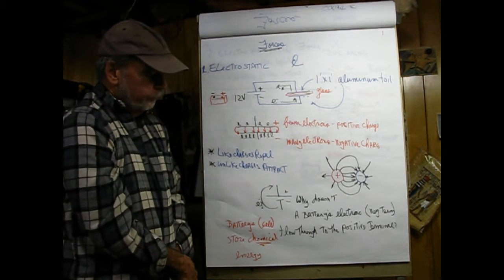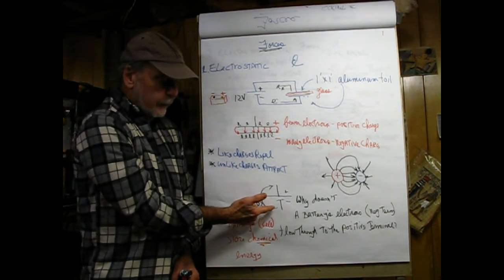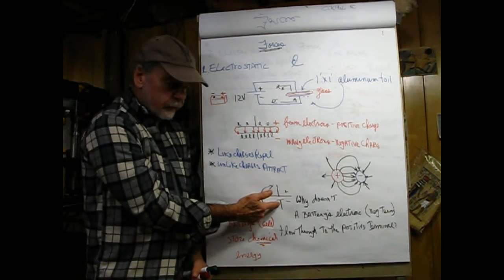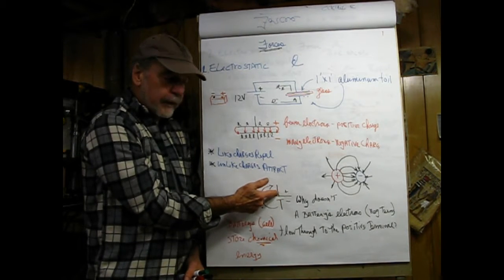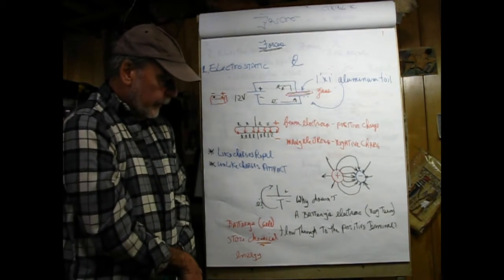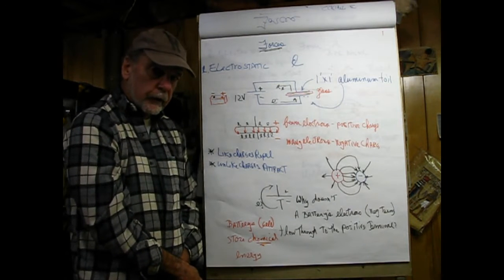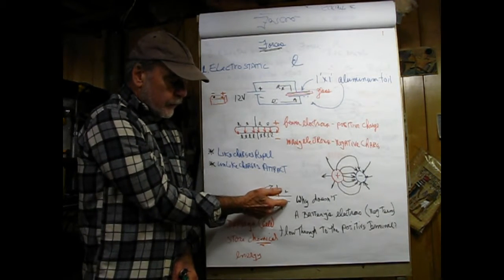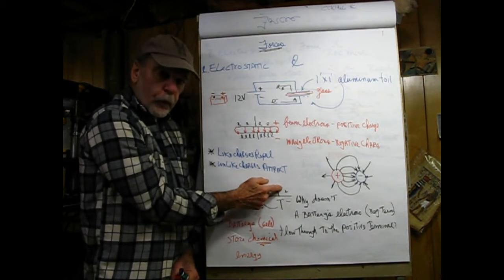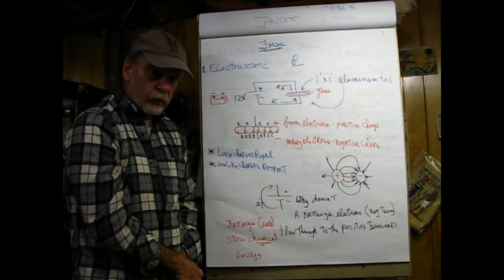So if we have unlike charges attracting each other, why then in a battery doesn't the excess of electrons on the negative terminal just flow backward through the battery to the positive terminal? Pretty good question. The answer is that batteries store chemical energy, not electrical energy, and it's that chemical energy that allows an abundance of electrons to be here, fewer electrons here, and hence that represents an energy source.